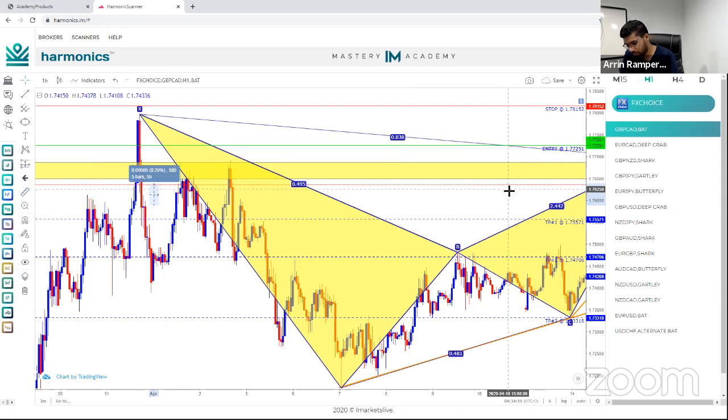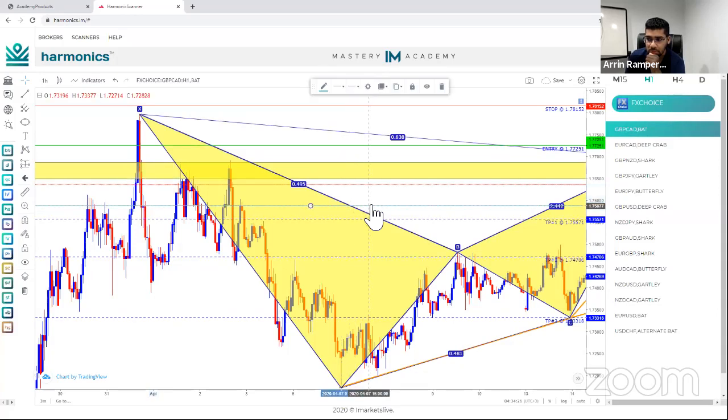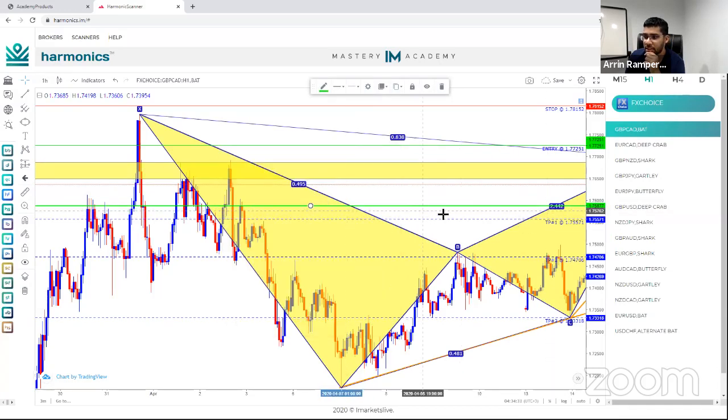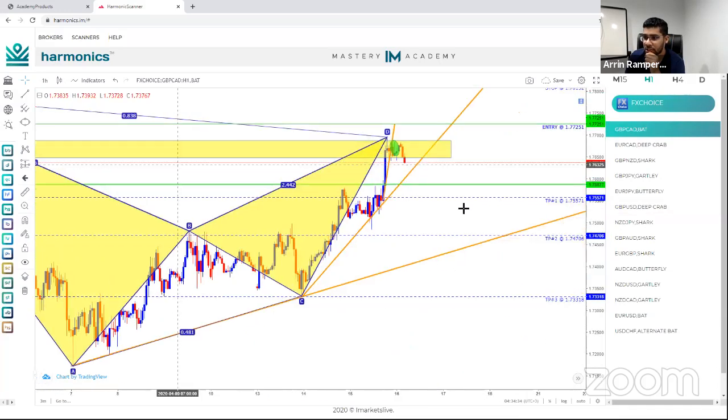Alright, so we got in at... You guys can take your first profit. It's gonna be 50 pips. That green line is gonna be a take profit.